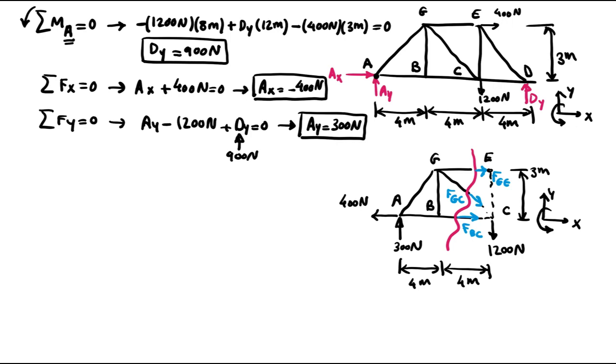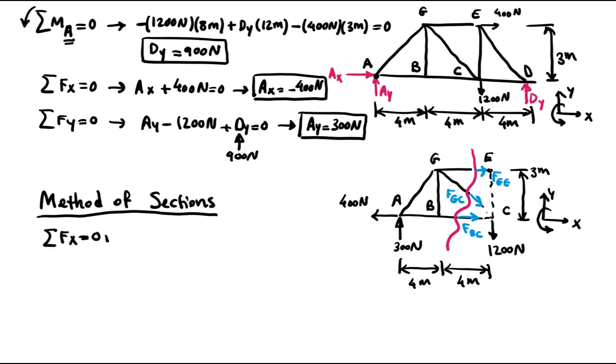Now I'm going to write down the equilibrium equations, and this is the method of sections. Equilibrium equations, again: sum of forces along x-axis equal to 0, sum of forces along y-axis is equal to 0, and sum of moments about a particular point is equal to 0.